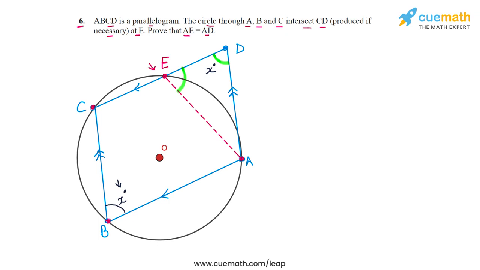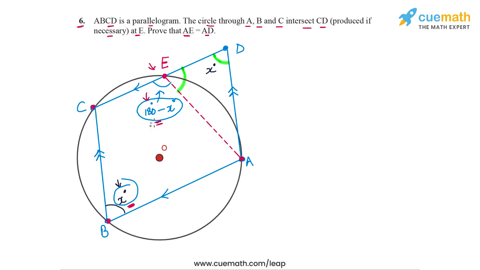Now if this is x degrees, then what can you say about this angle here, the angle inside ABCE at the vertex E? This angle will be 180 degrees minus x degrees, because this angle and this angle form a pair of opposite angles in a cyclic quadrilateral, so they must be supplementary. So if this angle is x, then this must be 180 minus x.